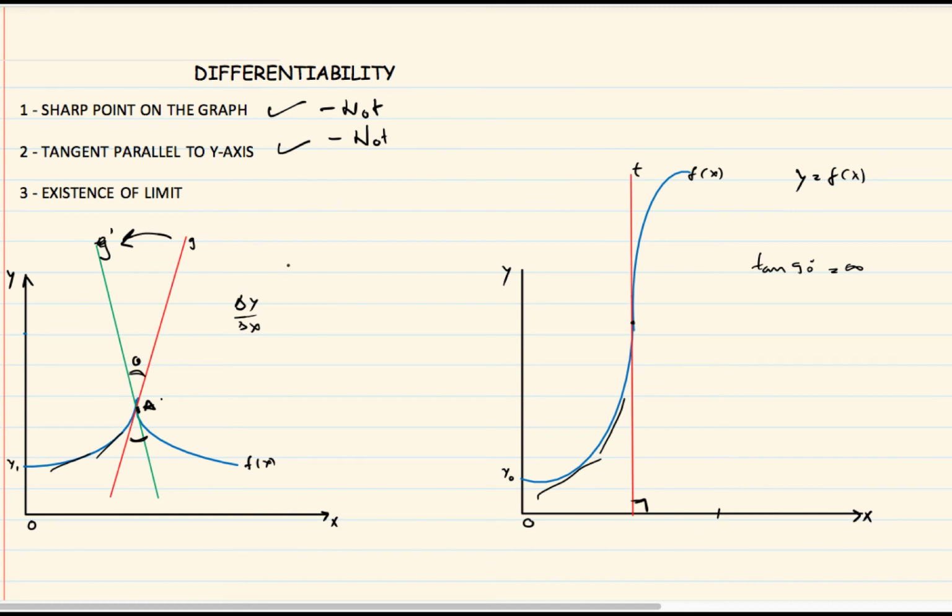So resuming, a function can be differentiated if the limit exists, yes, but if it has a sharp point on the graph, it cannot be differentiated. If the tangent line is parallel to the y-axis, it cannot be differentiated.